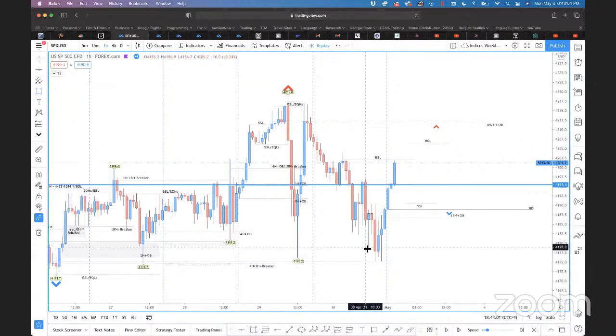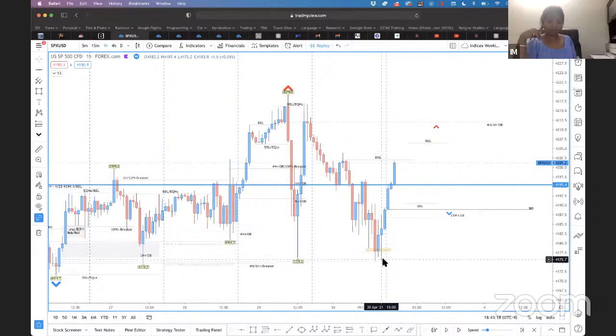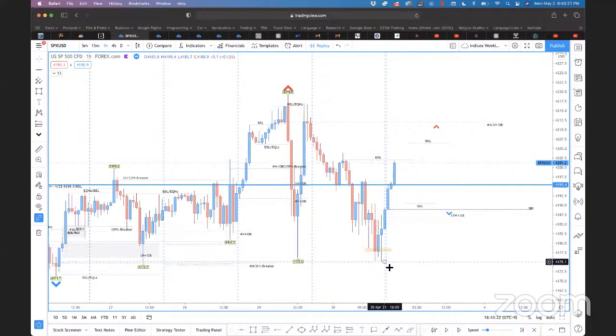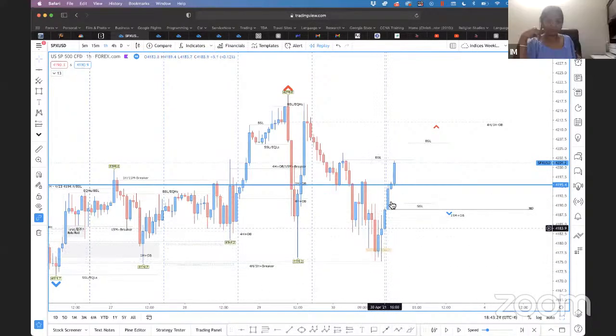And the majority of the trading volume near this order block is in these two candles. The rest of it is just thin, that's why you got these long wicks.